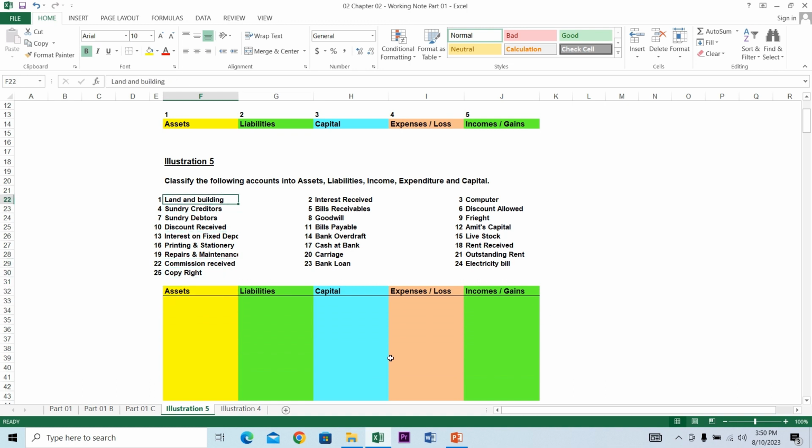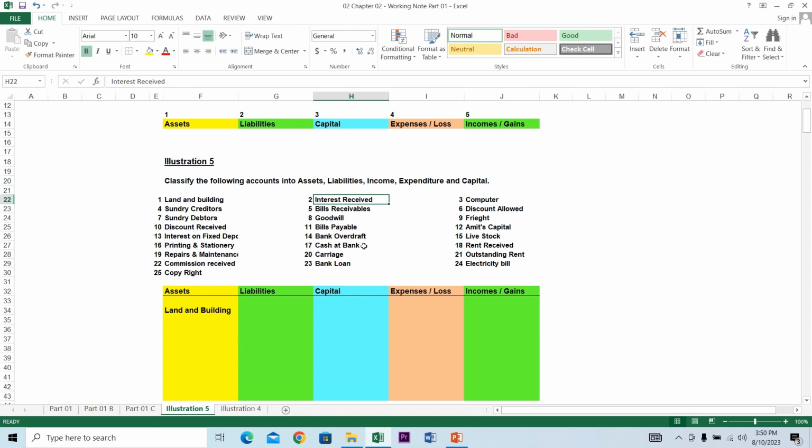Now see, first point, land and building. Where will we take it? It comes under assets. Then second is interest received.